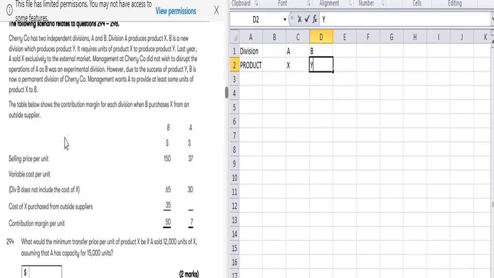The table below shows the contribution margin for each division when B purchases X from the outside supplier.